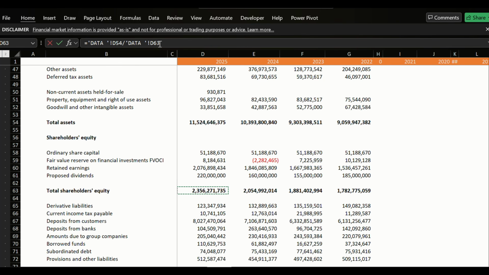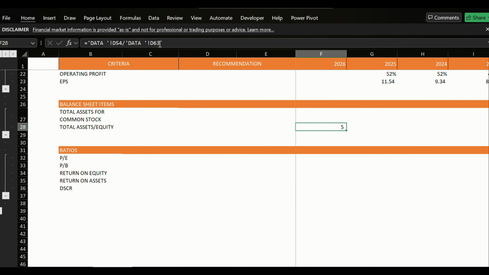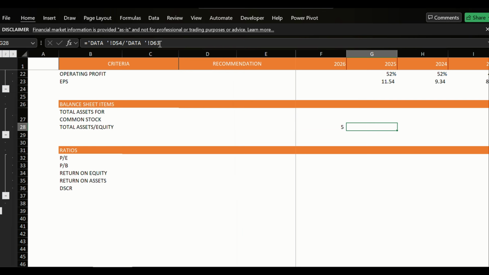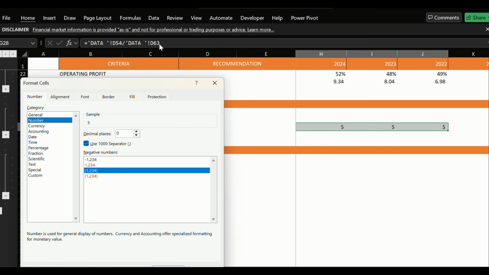The total shareholders' equity is a large one, 9 million. But let's keep it as a multiple. Let's make it.